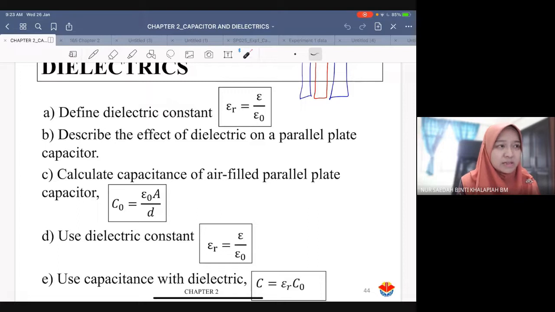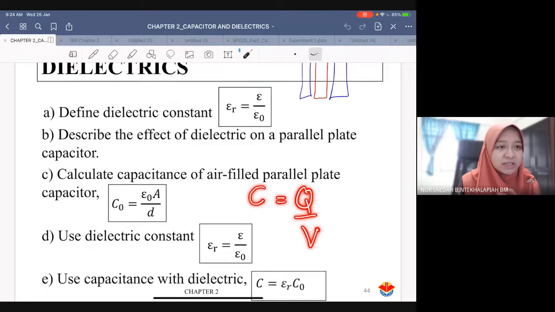Okay, so next, the second learning outcome is to describe what are the effects if we put dielectrics in between of parallel plates capacitor. Apa yang berlaku kepada capacitor kita. So next, to calculate the new formula for capacitance. The second formula for capacitance, we know that before this, from the first subtopic, capacitance is a ratio between charge and potential.